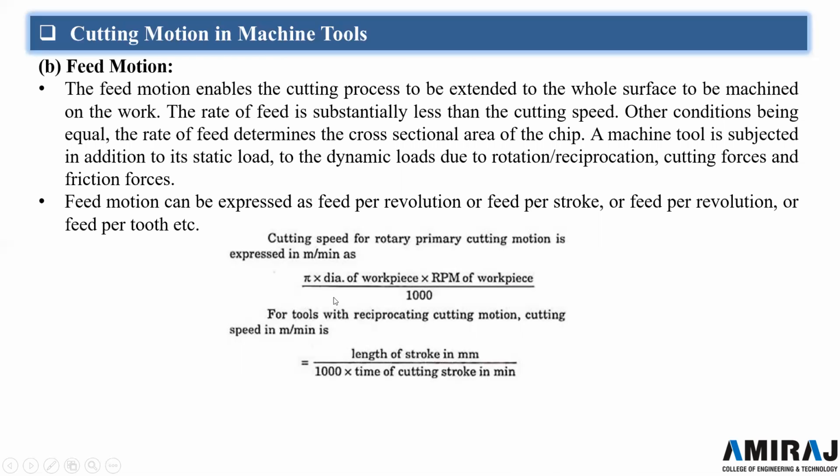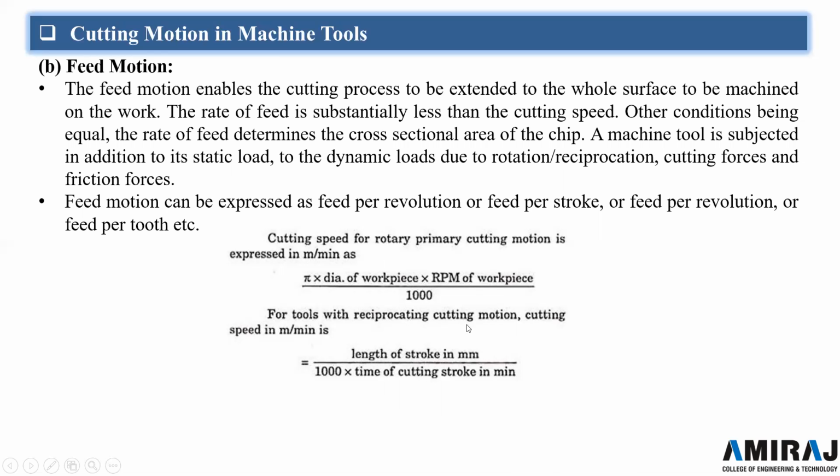Here it is given, for example, the cutting speed for rotary primary cutting motion is expressed in meters per minute. Pi d, where d is the diameter of the workpiece, and n is the rpm: pi dn by 1000. So we can calculate the cutting speed for primary cutting motion.